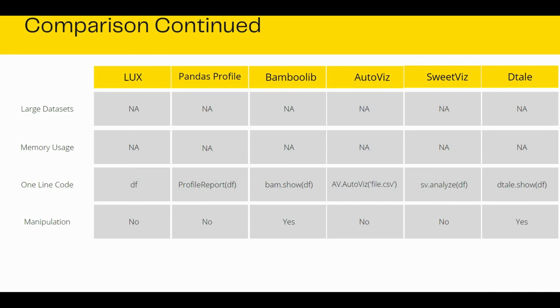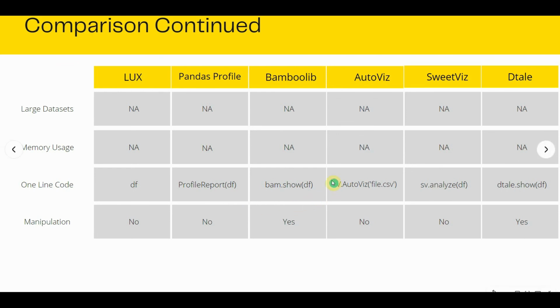One line code is nothing but how we are generating all these reports, right? We have seen in Lux that we don't have to create any object of Lux and provide the data frame to a particular function. It is self-sufficient. Once you load the data frame, you can simply execute the cell and you get the visualization. But for Pandas profiling, we first create the object and then we pass the data frame into the profile report.